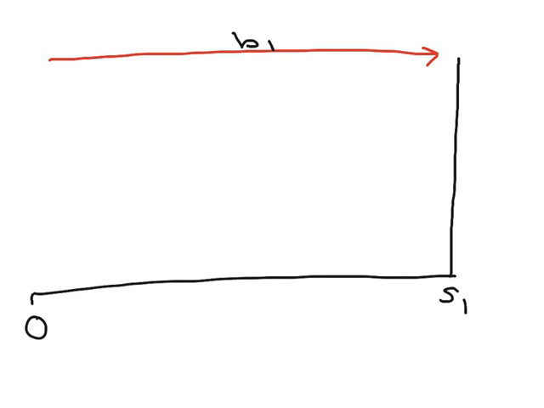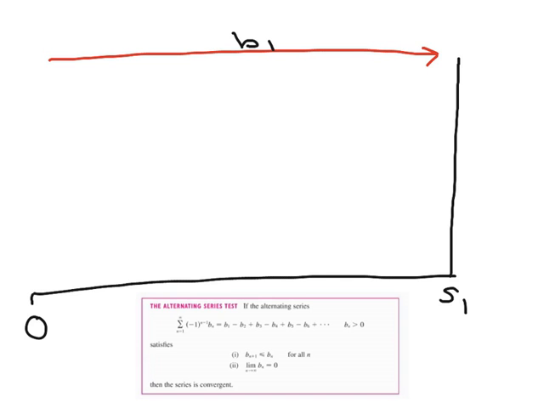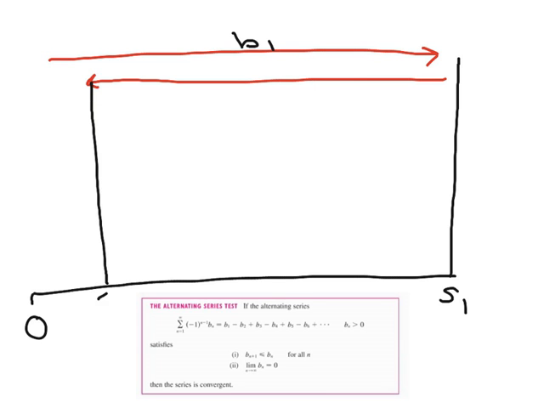Now, going back to our series, which I can put here, we said that we need to subtract to get to b sub 2. And so to go to b sub 2, we need to go in the other direction and subtract, and it is less than b sub 1, so it will be somewhere here, and we'll call this s sub 2.